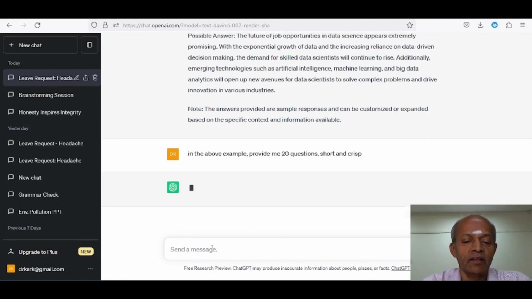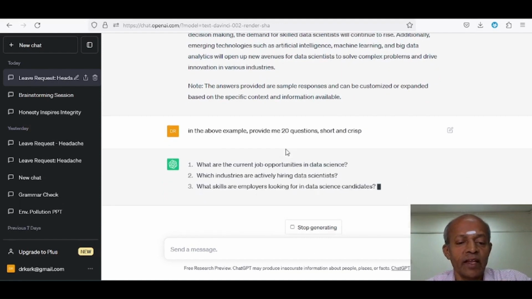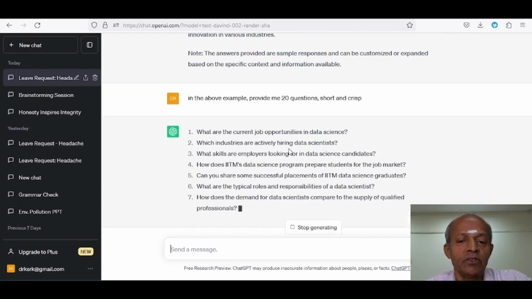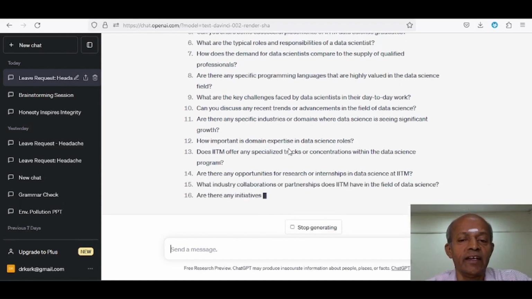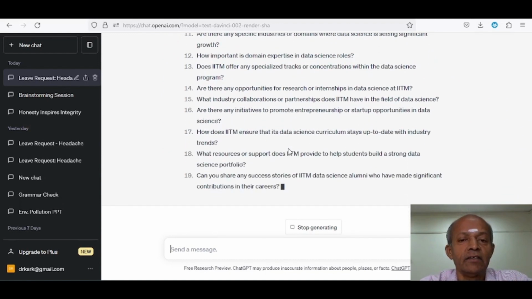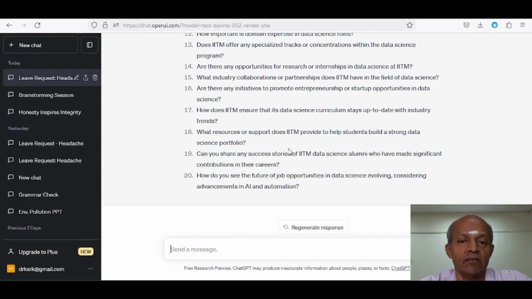Now you see, it will give only the questions. So the interviewer can ask the questions to the IIT director and get the answers. In that way, ChatGPT is a very good tool for taking interviews.